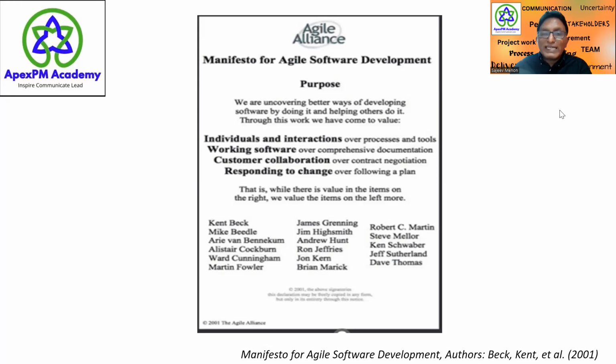The second one is working software over comprehensive documentation. The third one is customer collaboration over contract negotiation. And finally, responding to change over following a plan. So while there is value in the items on the right, we value the items on the left more. That is what it states.